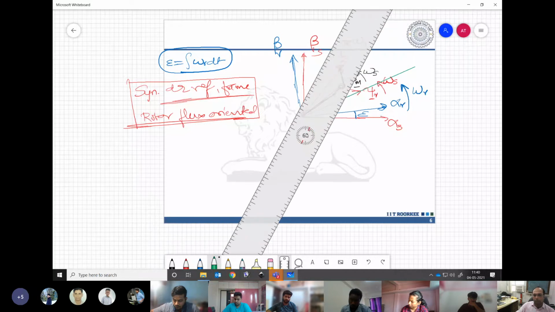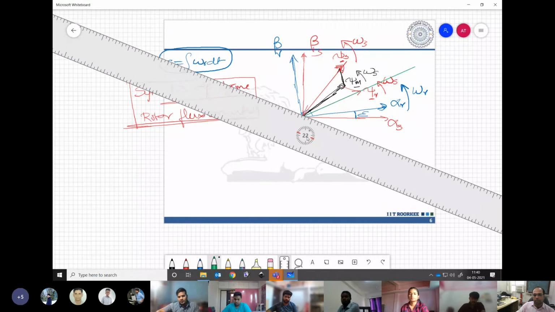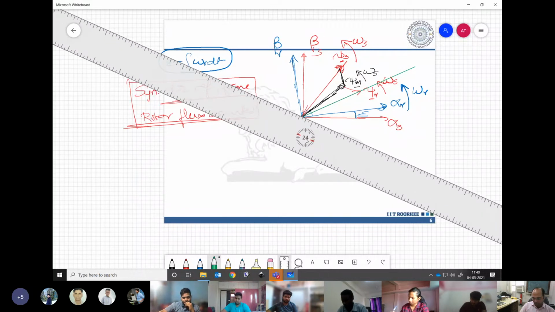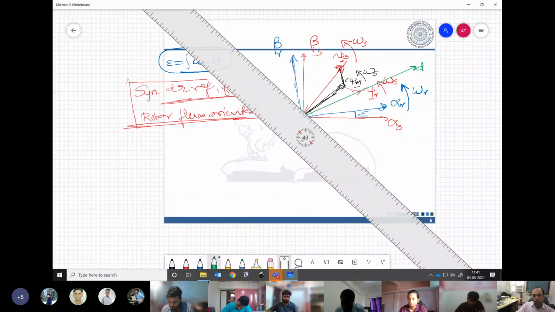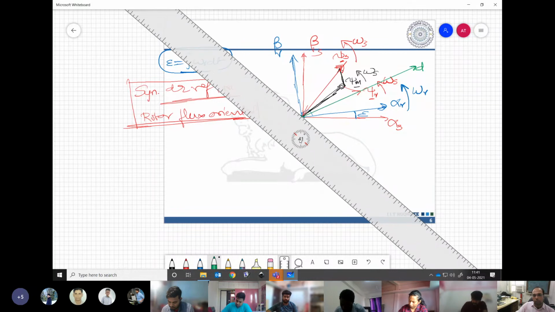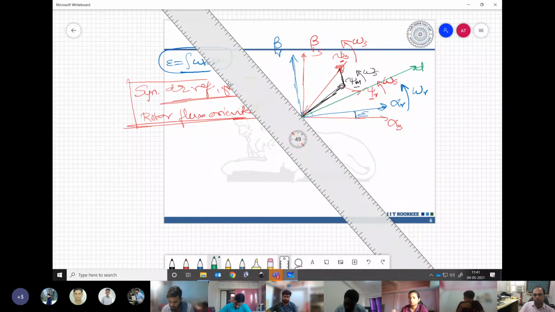This is my d-axis. Somewhere here, let us say.